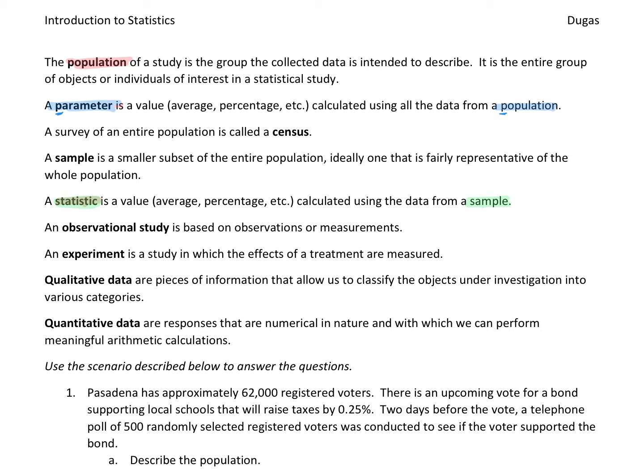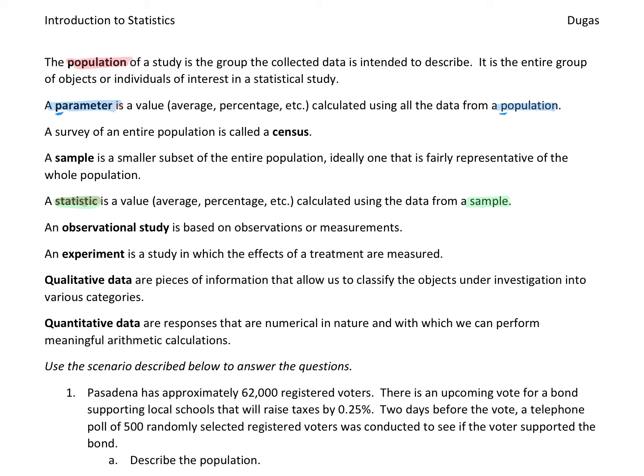An observational study is one in which you just take down measurements on things that are happening naturally, that would be happening without you being there. You might observe how many birds land on a certain light pole. You might observe how many cars roll through the stop sign at the corner.